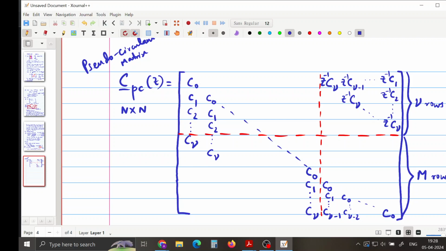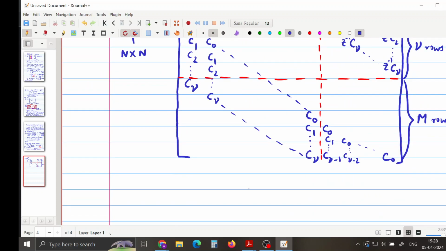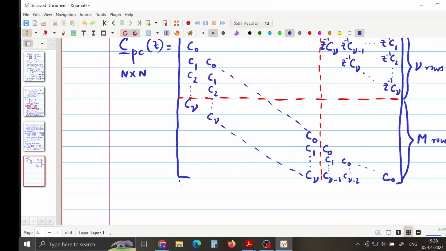This part also has m columns, and the remaining part has mu columns.